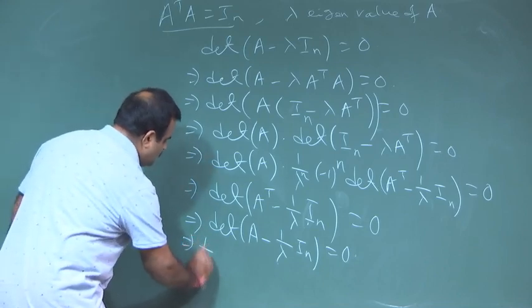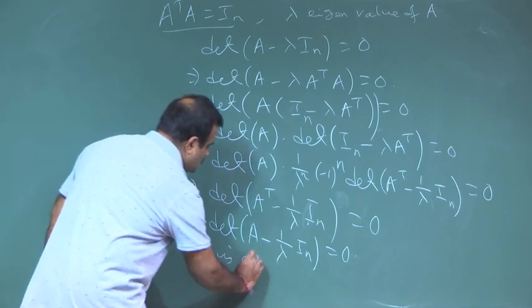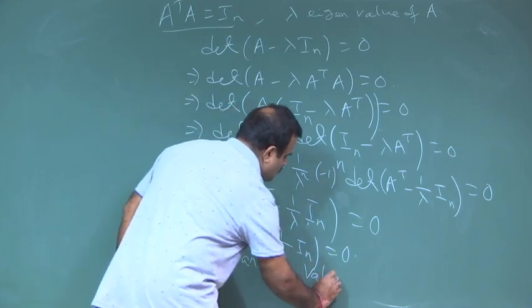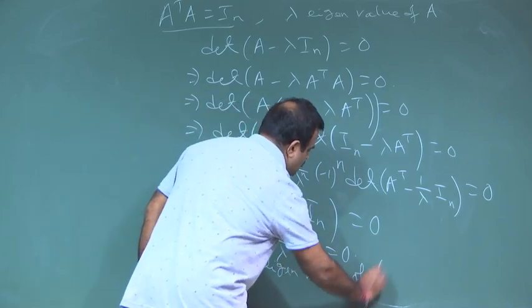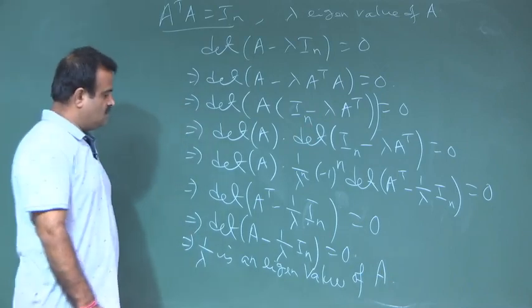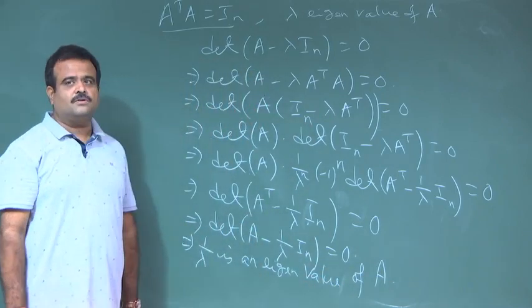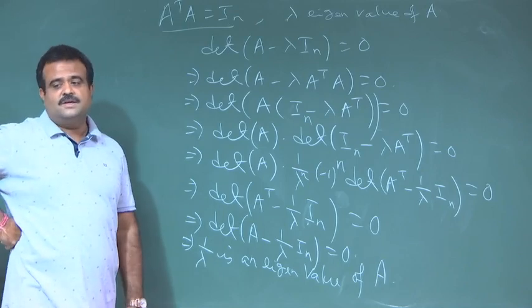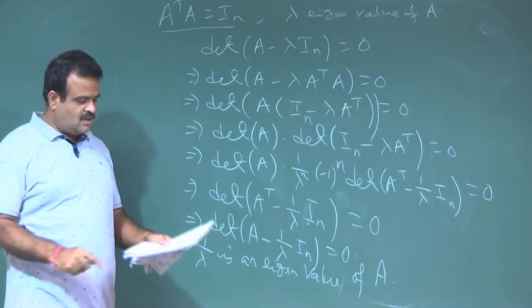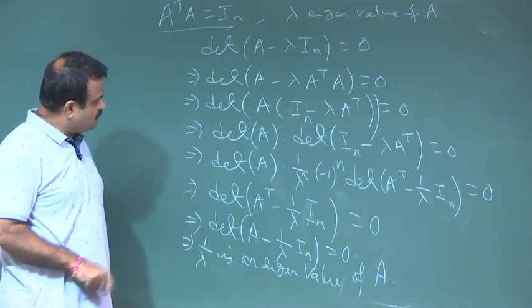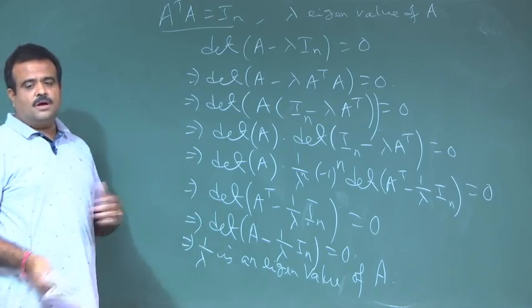This implies 1 by lambda is an eigenvalue of A. So, this is the proof: if lambda is an eigenvalue of a real orthogonal matrix A, then 1 by lambda is also an eigenvalue of A. These are some more properties.